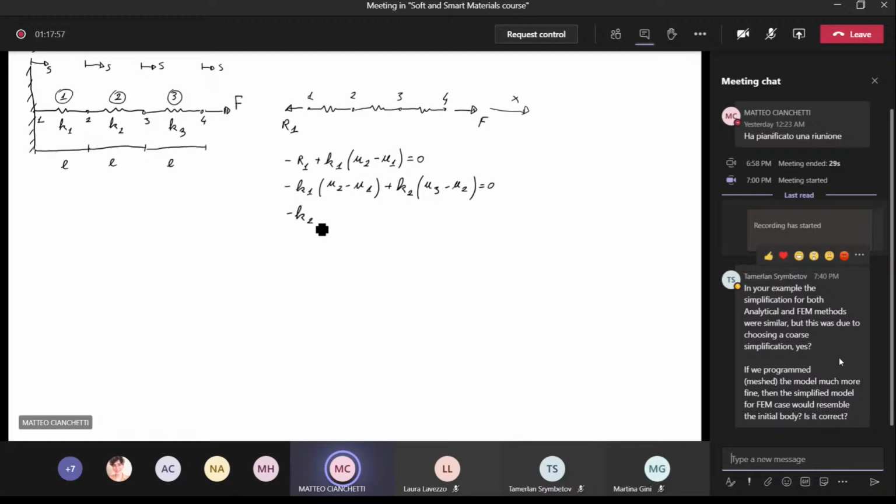Minus K2 (U3 minus U2) plus K3 (U4 minus U3) equal to 0. And finally, minus K3 (U4 minus U3) plus F equal to 0. Okay?